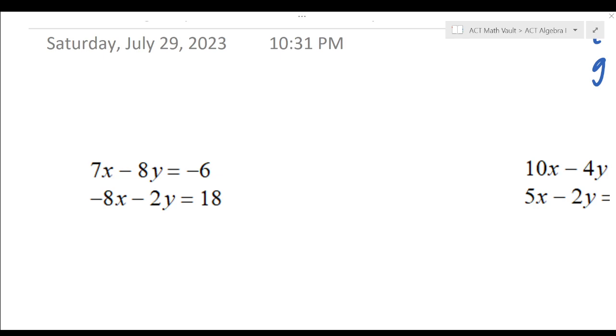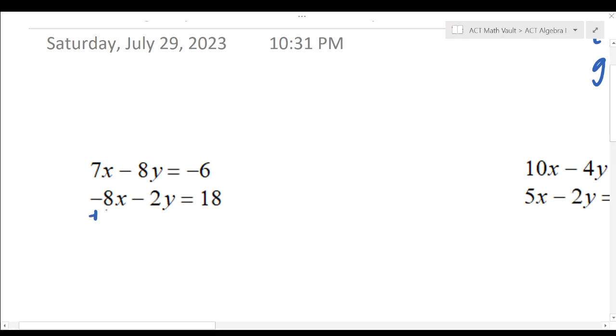So you have to make a decision to start, and that is which equation am I going to manipulate and which variable in it. So right away, I'm seeing that negative 2y, and I like the looks of the second one because all of these numbers are even.